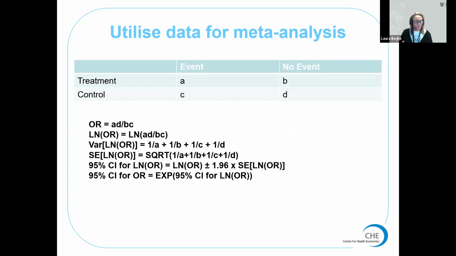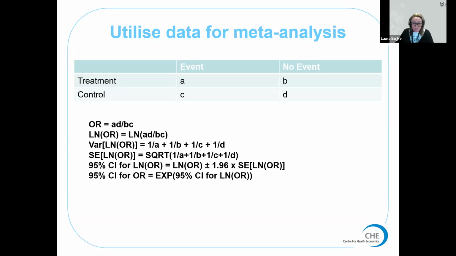So that's the starting point for thinking about synthesizing this data from all these different studies. Before we synthesize information across these studies, we first need to calculate those relative effect measures for each of the individual studies. So here we choose to calculate the odds ratio, and we can see how this is calculated using the 2x2 table of events for a single study. Here I've just categorized it as A, B, C, D, just to make it a little bit clearer about what information is needed in each of those steps. So we can calculate the odds ratio using the event and the no event data from the treatment and the control arms of the studies.